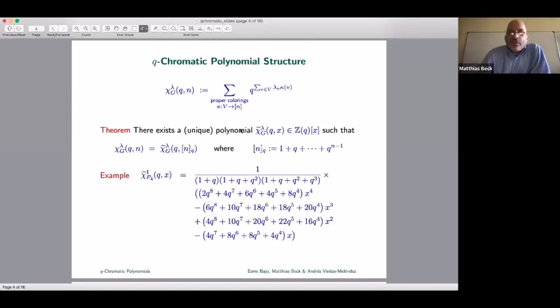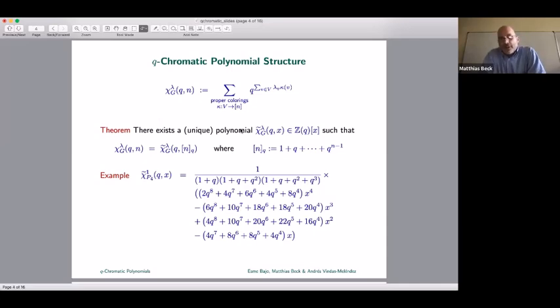There exists a polynomial that we call chi-wiggle in two variables, q and x. Excuse me, it's a polynomial in x, not in q, with coefficients that are rational functions in q, such that when you plug in a q integer, you get what I just defined in the last slide.